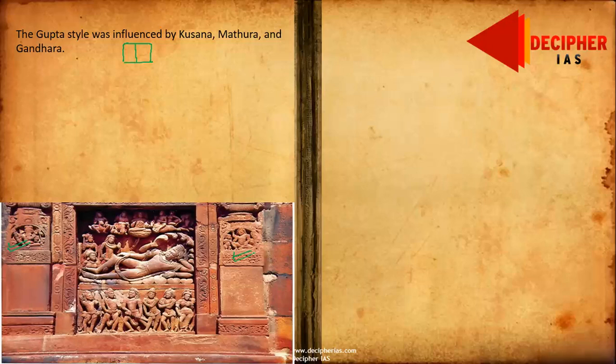So these doorway panels were highly decorated, and these were constructed using sandstone. As you can see here, they are made of red sandstone. Granite was also used, bricks were also used.